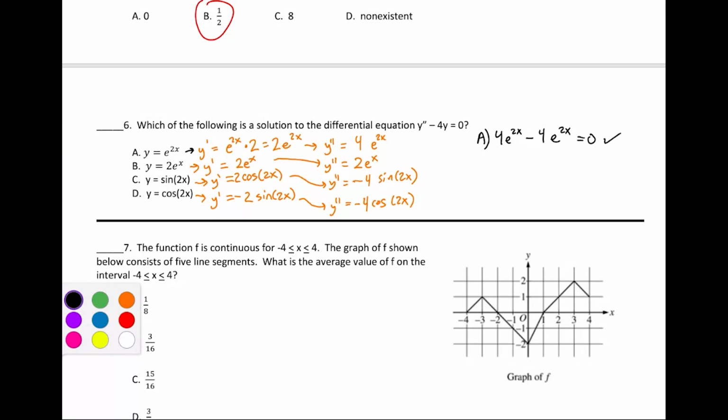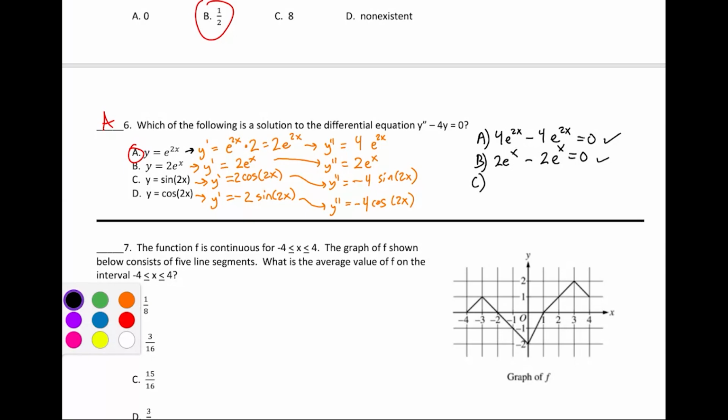Well, that certainly equals 0, so it's looking like our answer is going to be A. But let's double check B, C, and D just to make sure we didn't make an error somewhere. So B, y double prime is 2e to the x, and y is 2e to the x. Oh, wait a minute. That one looks like it works too. Did we make a mistake somewhere? That definitely equals 0.